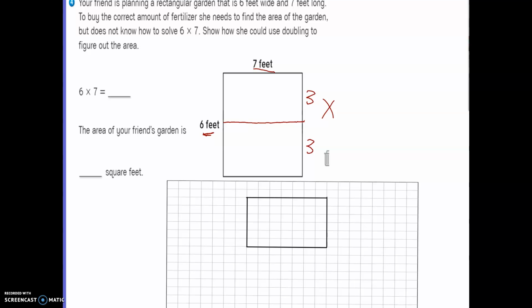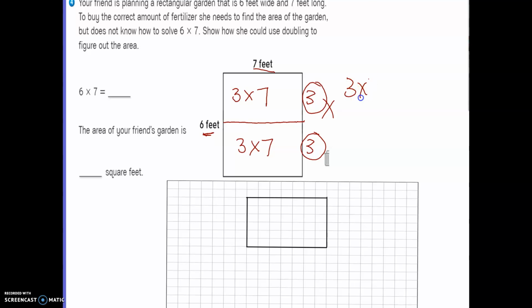So remember, I don't know 6 times 7, but I can figure out 3 times 7, and I can figure out 3 times 7. Now, why did I write 3 times 7 in the box? Because I divided my 6 in half. So now it's 3, and now it's 3. So 3 times 7 and 3 times 7.